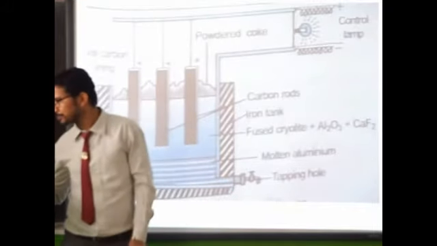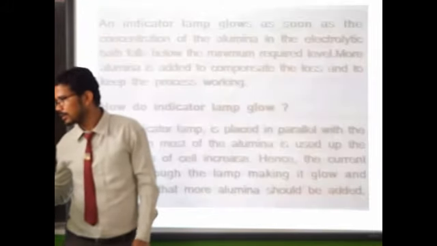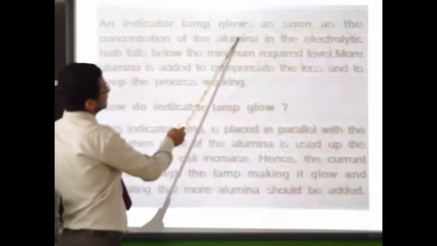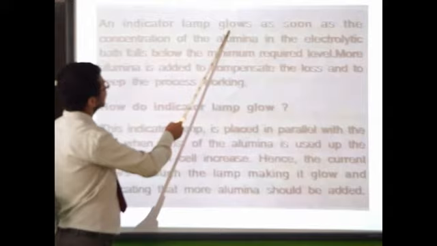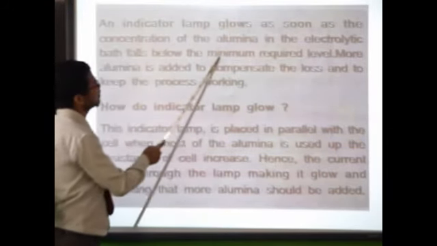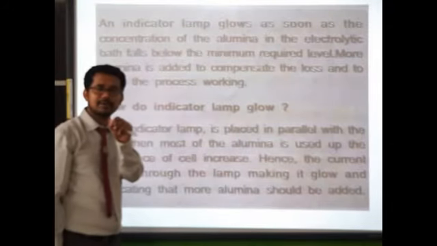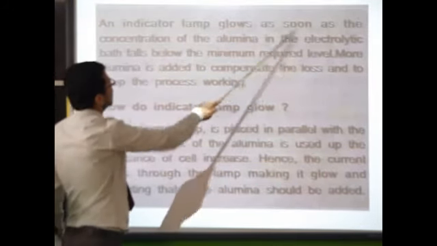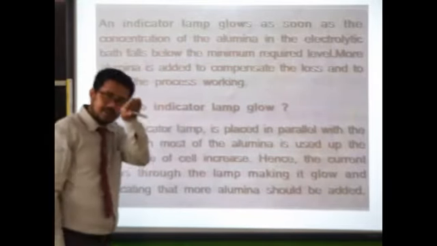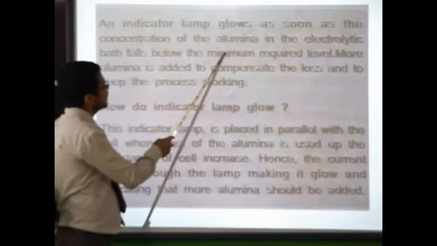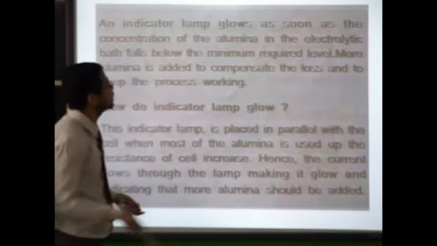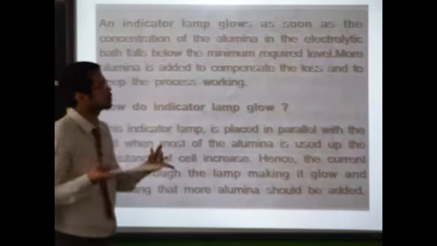As soon as the concentration of alumina in the electrolytic bath falls below the minimum required level, the bulb glows.